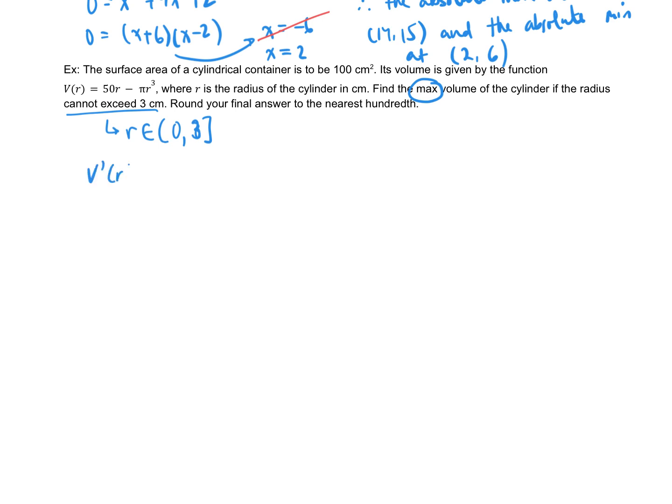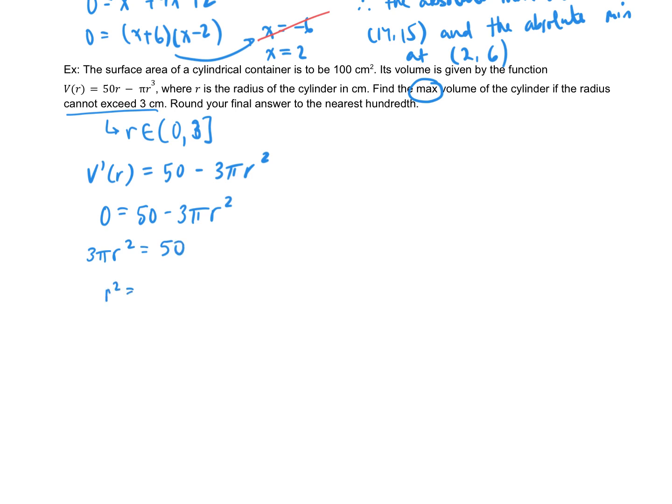So I'm going to take the derivative of my volume. So 50 minus 3πr². Remember, pi is a number. Don't treat it like a variable. So there's our derivative. I'm going to set my derivative equal to 0, and I'm going to solve. So I'm going to bring 3πr² to the other side.